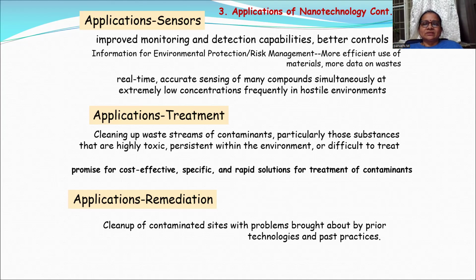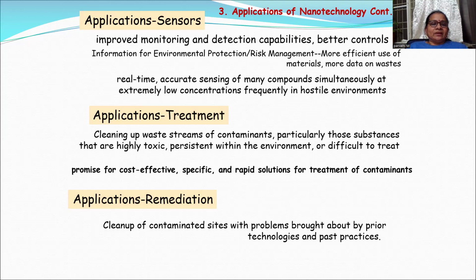So nanomaterials are used. Those substances that are highly toxic will be easily dissolved into the environment using that type of nanomaterials. So that is a cost effective, specific and rapid solution for treatment of contaminants.